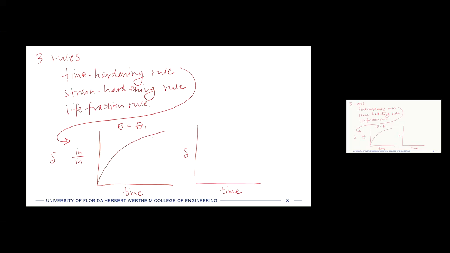So there will be some creep strain at different stress levels. We'll call these sigma 1, sigma 2, sigma 3, etc. So we have a suite of curves that describe the strain behavior. Then we have the same experiments, but now at a higher temperature.